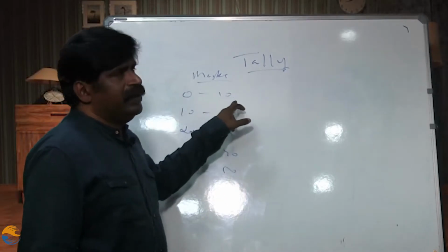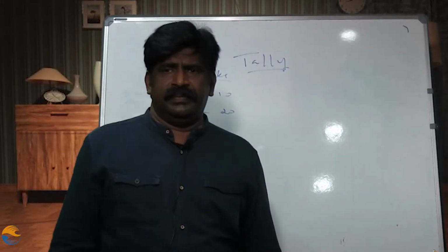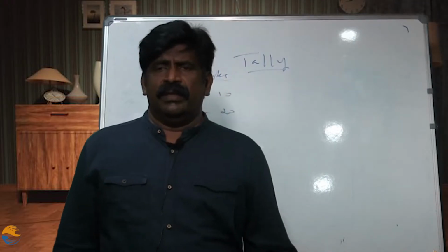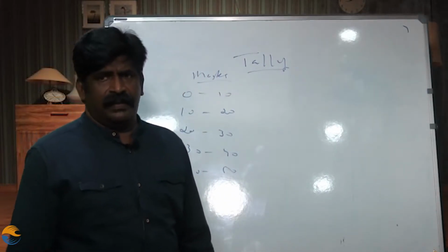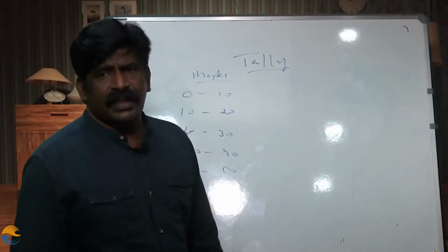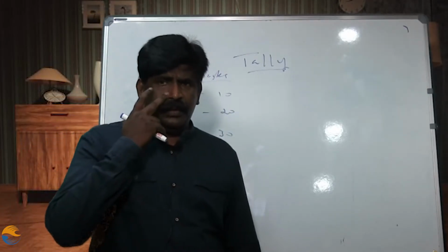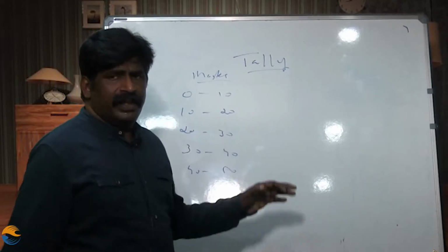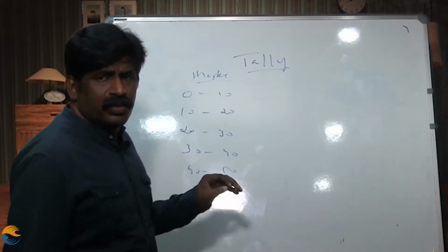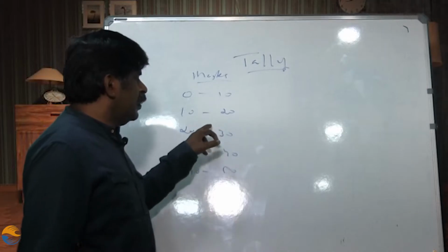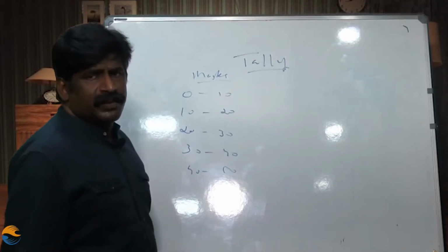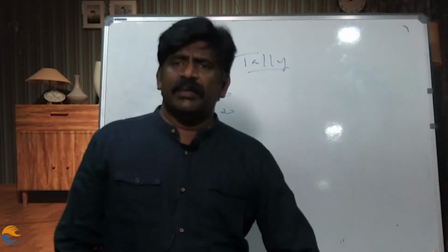The difference between the high end and the low end, 0 and 10, that is 10, will be considered the class interval. The class interval will always be designed with uniformity. The second, third, fourth and fifth classes also have the same class interval.